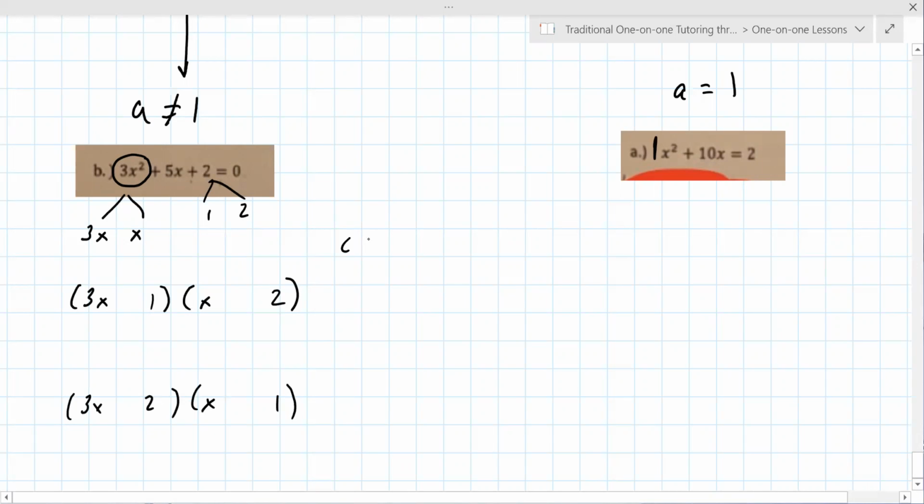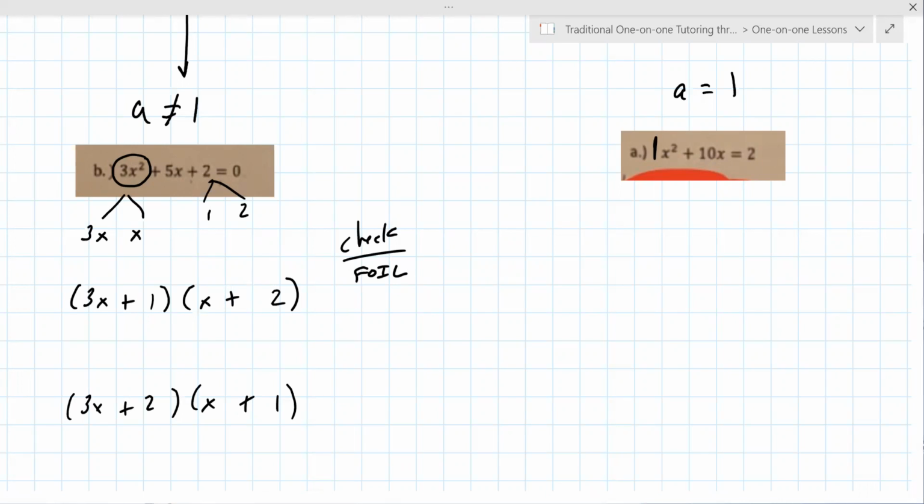And your check is FOIL. That's where you go 3x times x, 3x times 2, x times 1, and then 1 times 2. So you're a FOIL expert. FOIL the first one, see if it works, then FOIL the second one, and let me know which one.